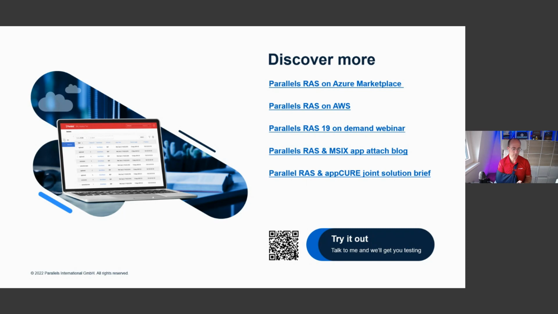And the last thing that I also mentioned in the introduction is that we have a joint solution brief with a company called AppCure. If you're not familiar with those guys, what they do is they provide a solution to help you with the transformation from MSI towards MSIX. So recall that the way to get an MSIX application is either natively by the application vendor or transforming it yourself.